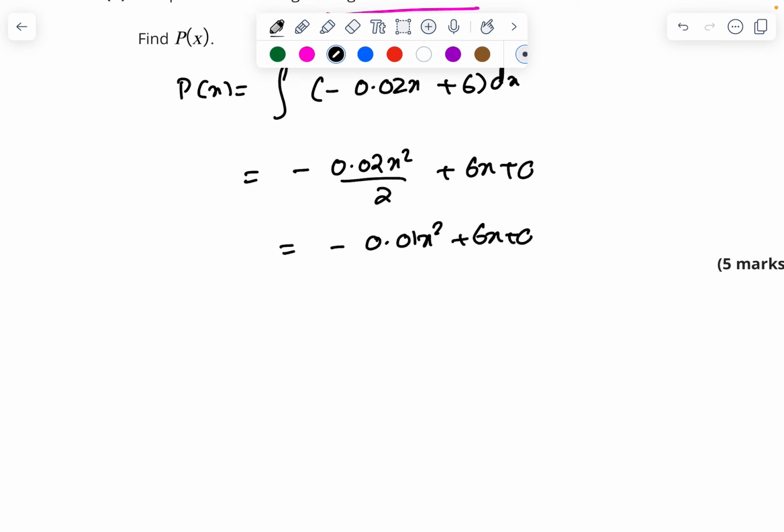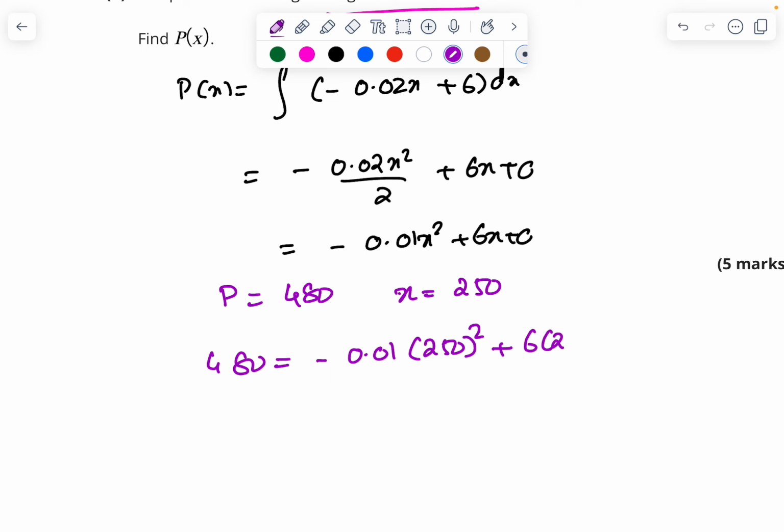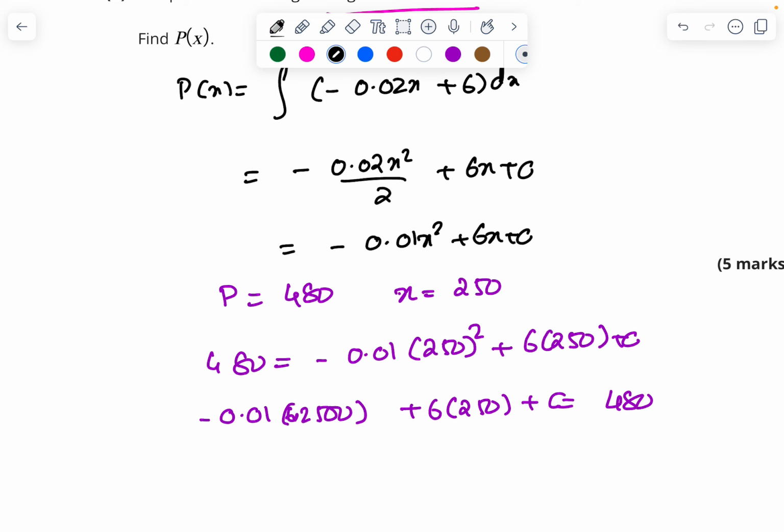But he told us that the profit equals 480 when the x value is 250. So 480 equals minus 0.01 times 250 squared plus 6 times 250 plus C. So minus 0.01 times 62,500 plus 6 times 250 plus C equals 480.